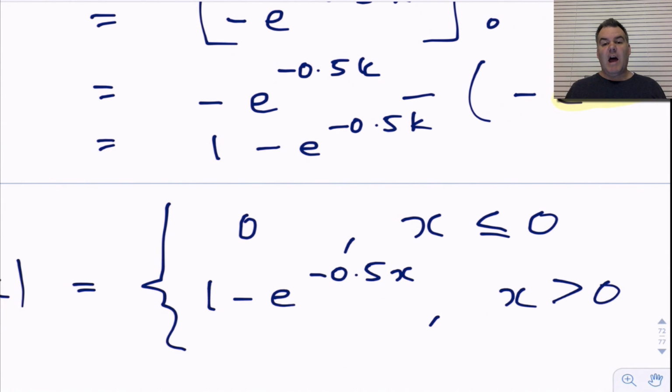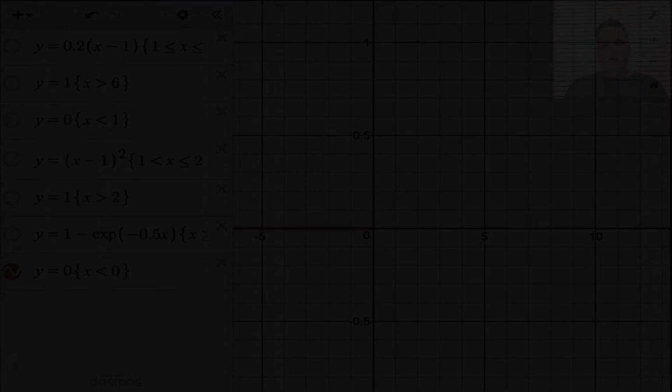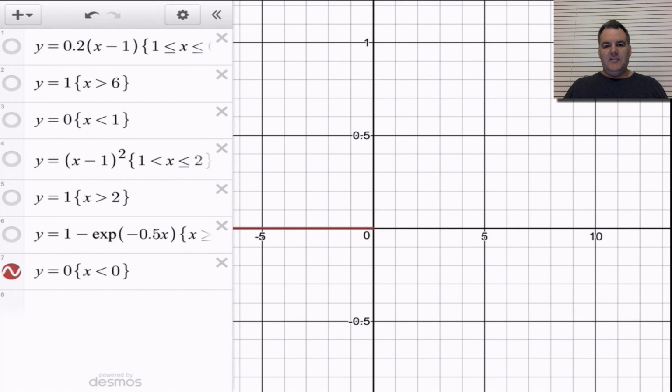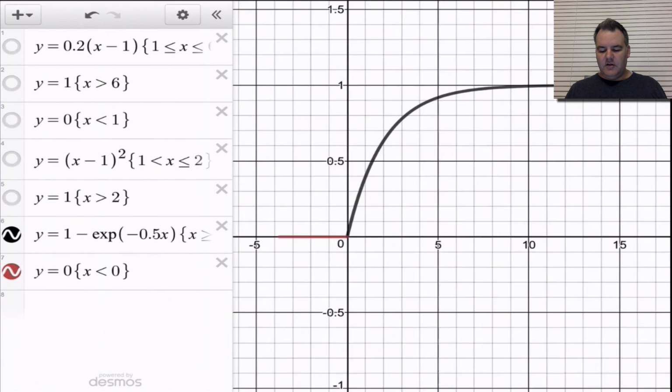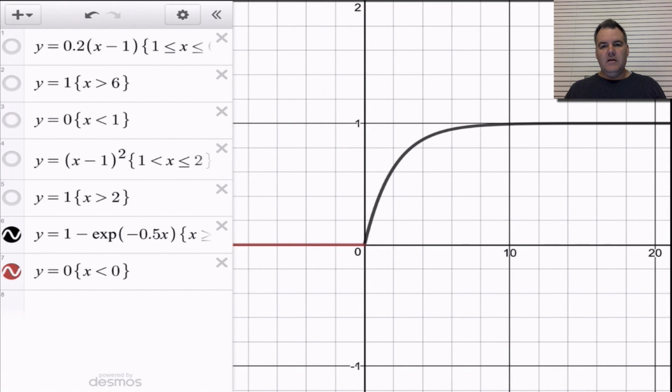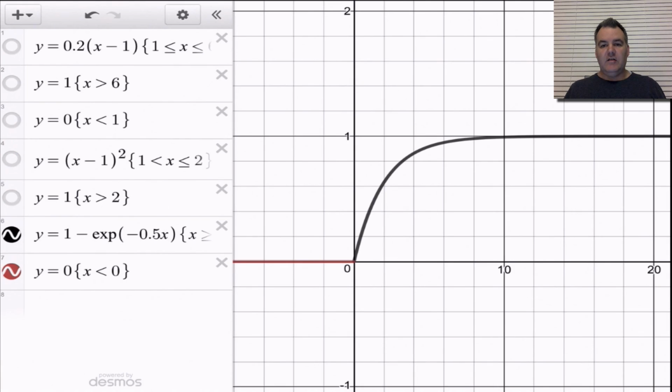Now, let's have a look at the graph of what this looks like so we can get a feel for the fact that this actually heads off towards 1 at the end there. So here's the first part. The graph is 0 up to and including 0, and then it's 1 minus e to the negative 0.5x for x values greater than 0. So you can see it heads off and gets closer and closer to 1 as x tends towards infinity there. So that's the cumulative distribution function, what that looks like for that one.